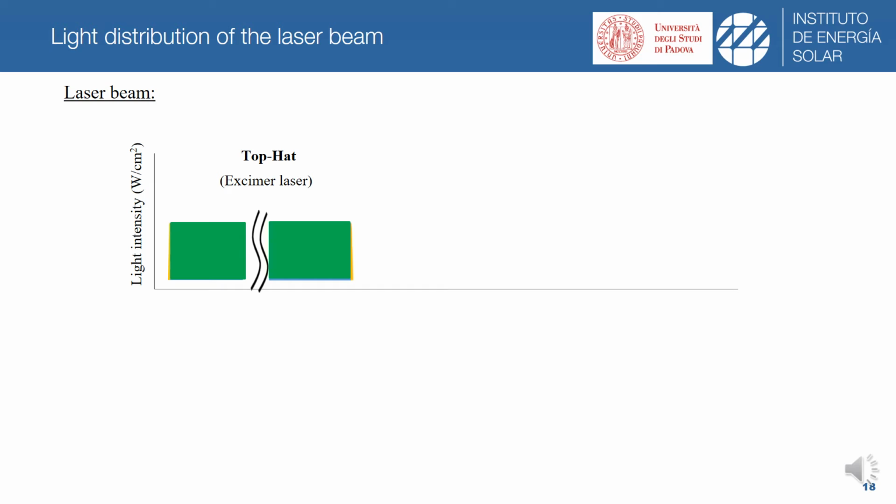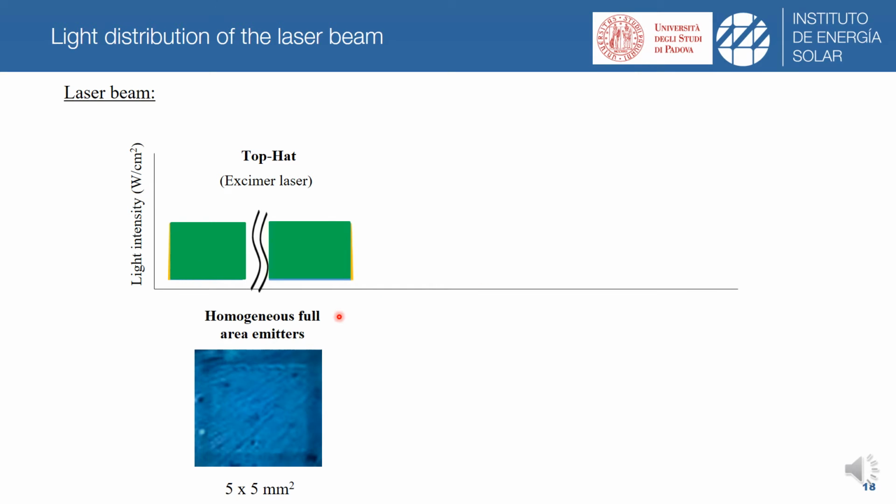In the experiments performed on laser diffusion, we have mainly used two different laser systems. The first one is a laser with a top hat energy distribution, which means that the light intensity is almost constant regardless of the position, leading to the formation of homogeneous full-area emitters on the order of 5 by 5 square millimeters.